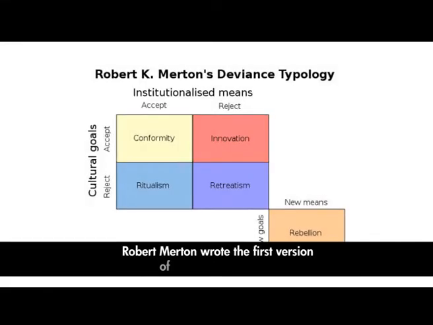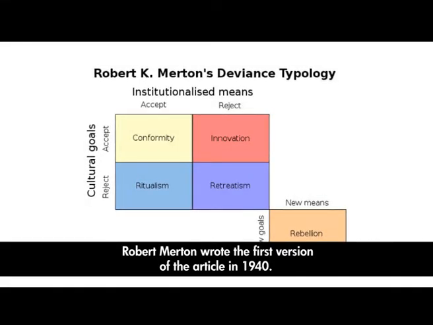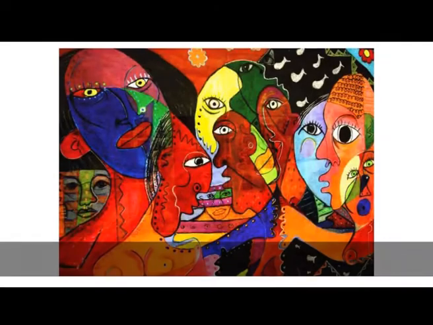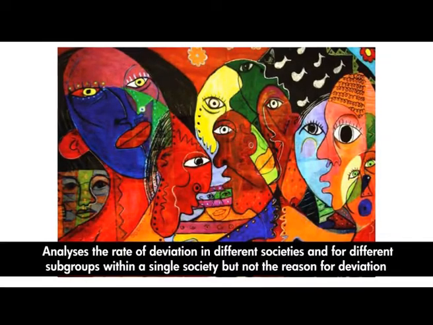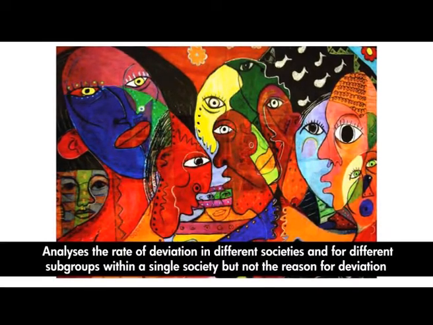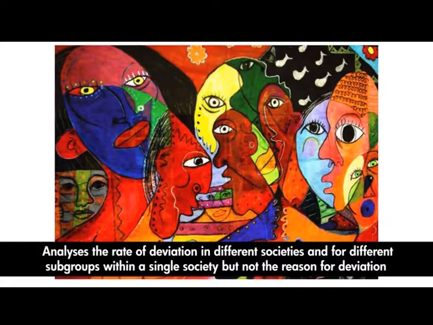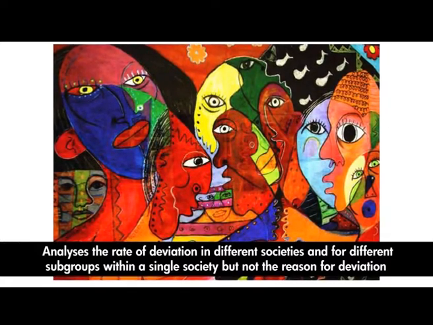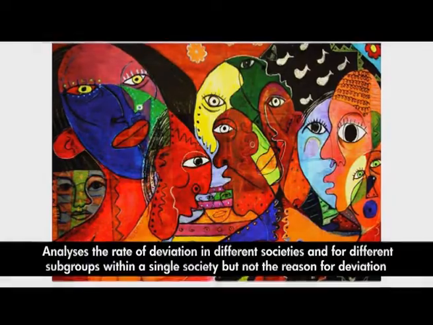Robert Merton wrote the first version of the article in 1940. He started by addressing biological explanations of deviance and then concluded that biology is not the reason for variations from one society to the next, both in the nature and extent of deviance. He primarily analyzes the rate of deviation in different societies and for different subgroups within a single society, but not the reason for deviation.